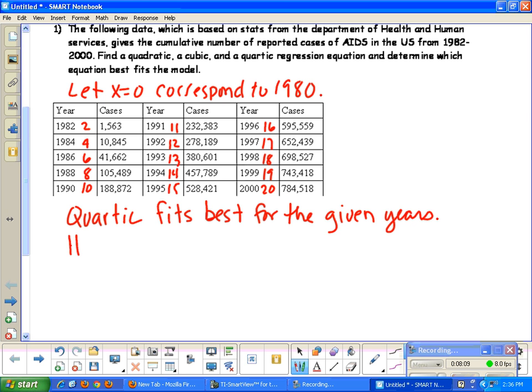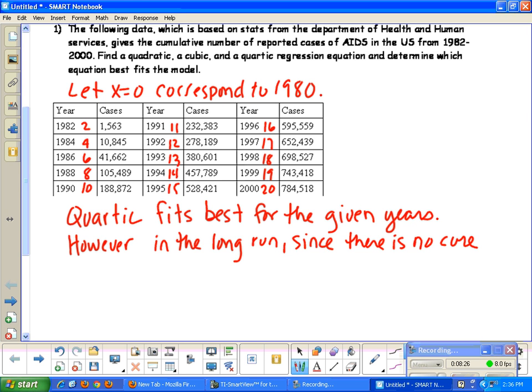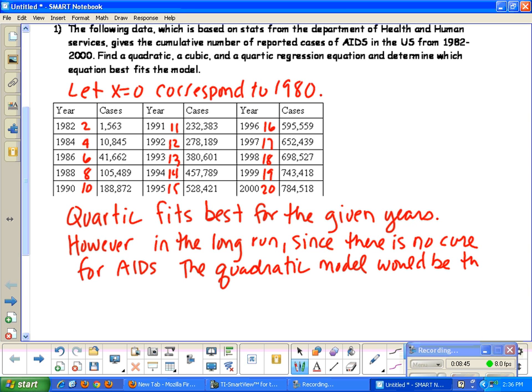However, in the long run, since there is no cure for AIDS, the quadratic model would be the best fit model.